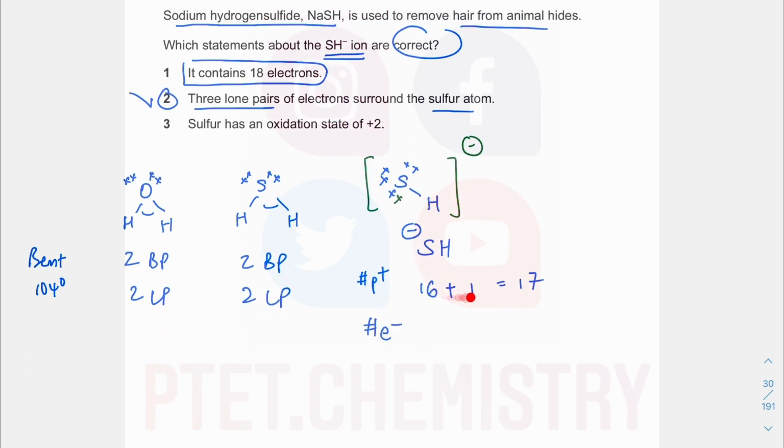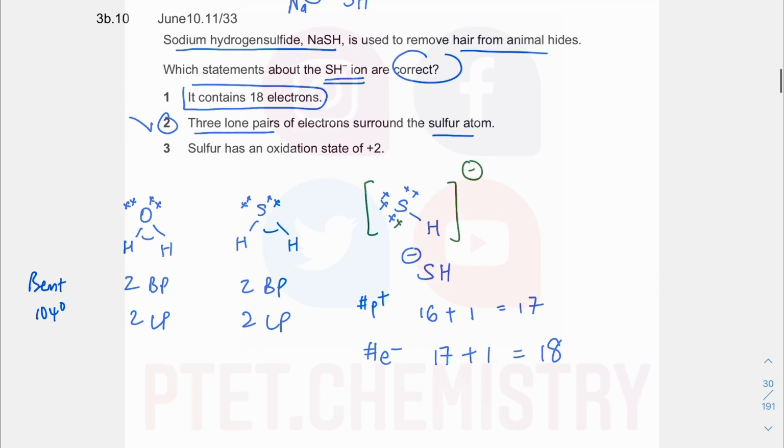Once you work out the number of protons correctly, the number of electrons depends on whether you are an atom, molecule, or ion. You are an ion. You are a negative ion. You have a negative charge because you have gained 1 extra electron. If you have 2 minus, you have gained 2 extra electrons. You have a minus 1, you have gained 1 extra electron, so that's 18. They don't ask for neutrons, so I don't bother about neutrons. Alright, so it does contain 18 electrons.